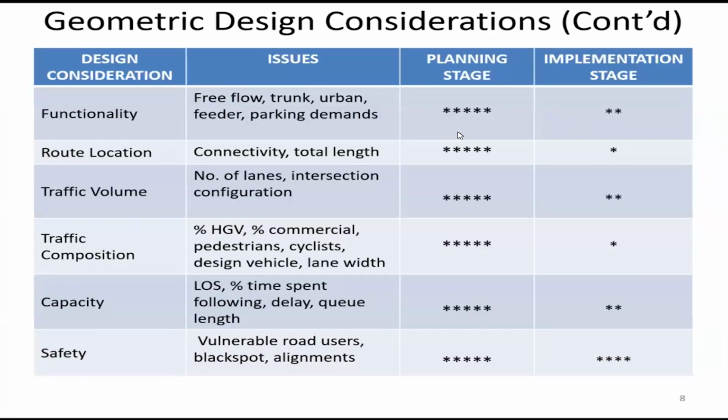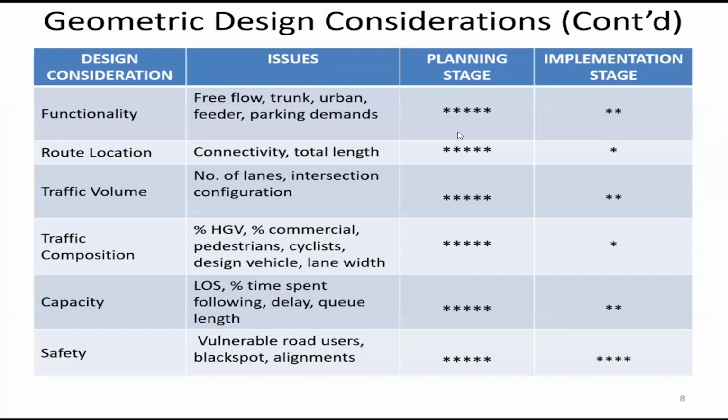And so we were talking about functionality, route location, traffic volume, traffic composition, capacity, and then safety. So what we said about safety, for instance, was that safety is virtually everything. It's one of the high-ranking considerations. So you will see that at the implementation stage, we are still heavily considering safety in all our alignment geometric choices.